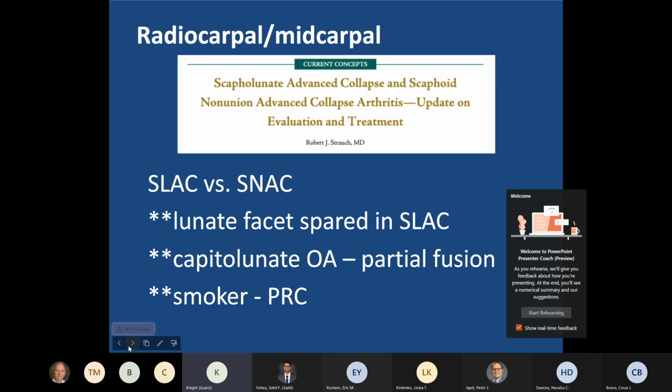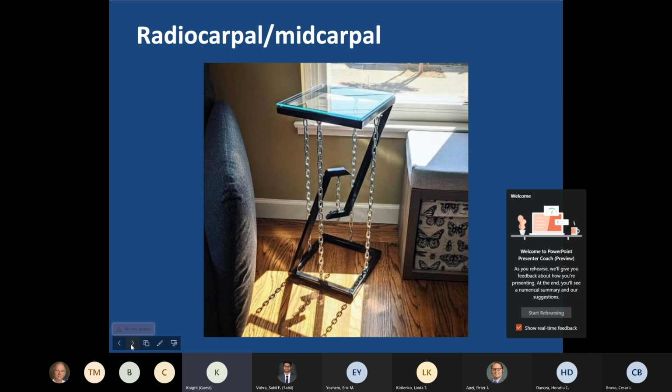And if the patient's a smoker, generally a PRC is recommended, which is most of my patients. So I generally end up doing a PRC on most people. And certainly it's difficult to get these to heal anyway, and then you add smoking onto that, and it's very difficult.